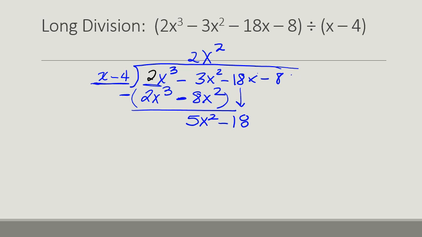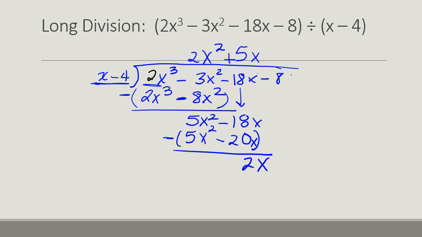So now what do I multiply x by to give me 5x squared? Well, I would multiply that by 5x. Take that 5x, multiply it by the binomial so that I get 5x squared minus 20x. Again, I'm going to subtract, so the 5x squareds cancel out. Negative 18x minus negative 20x is 2x. Don't know why I'm dropping numbers today.